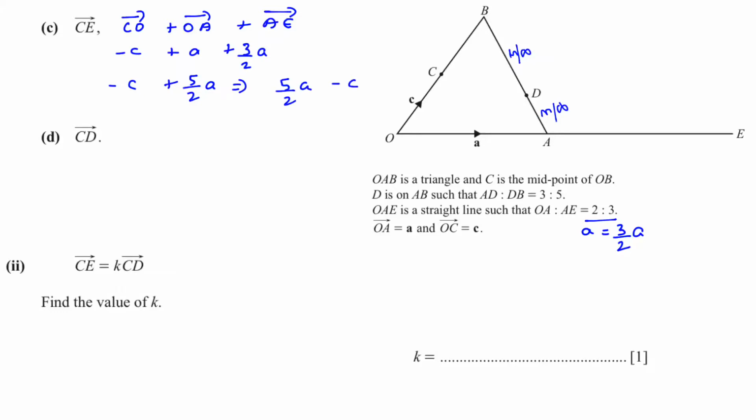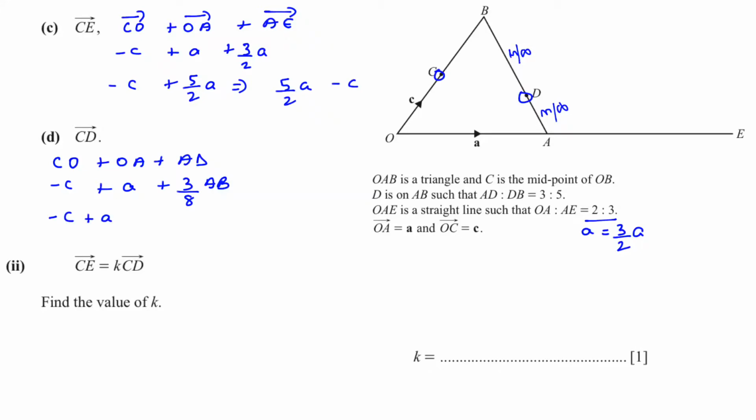In part D, we have to find CD, from C to D. So we'll go from CO plus OA plus AD. CO is negative C, OA is A, and AD is 3/8 of AB.